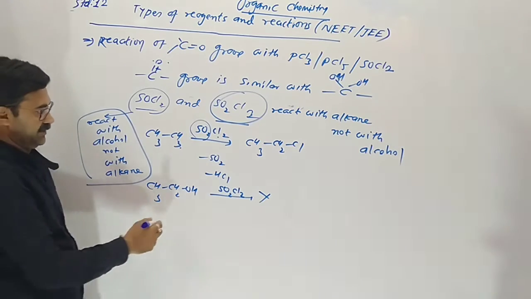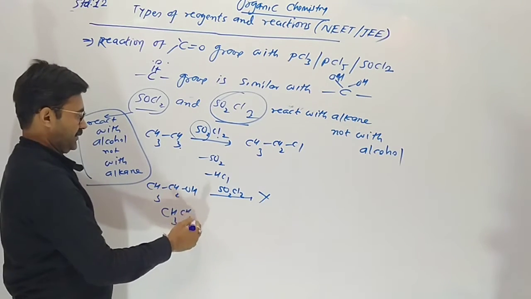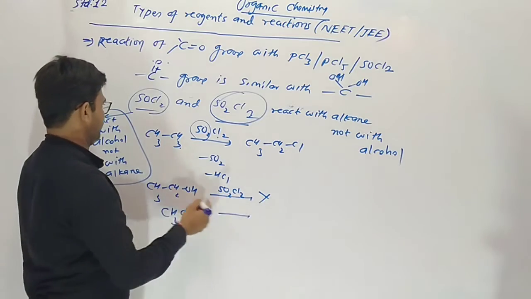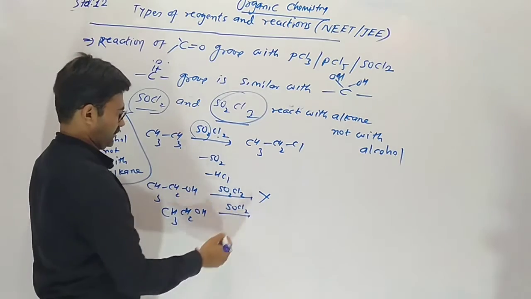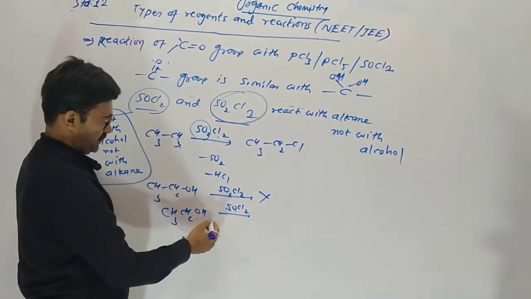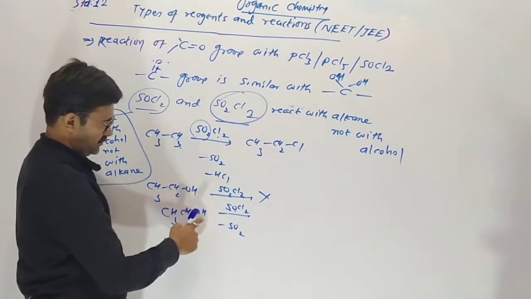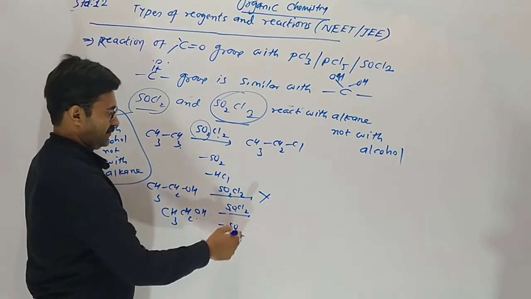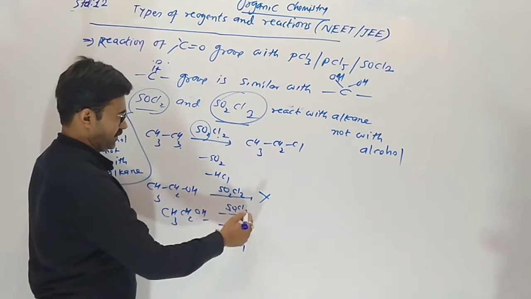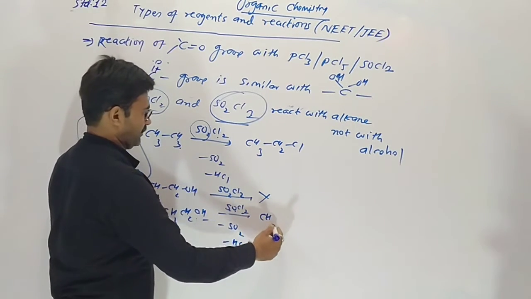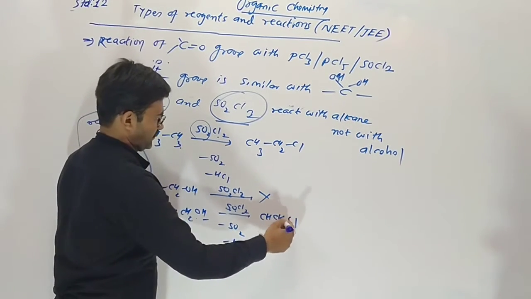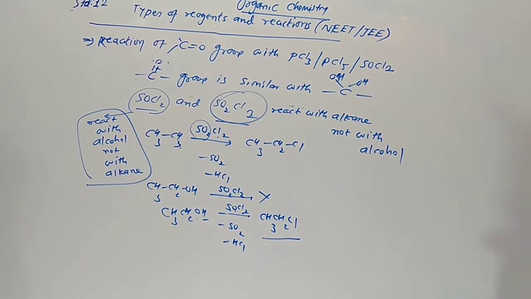Remember and store in your mind. Ethanol is reacting with SOCl2. So SOCl2 removes one hydrogen with one chlorine and one chlorine combines there. So it gives product chloroethane.